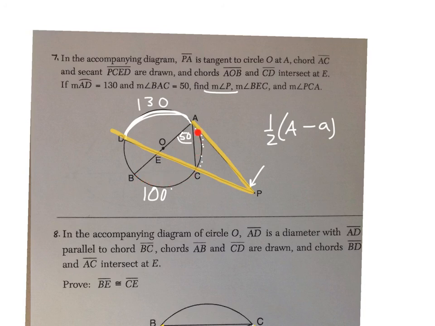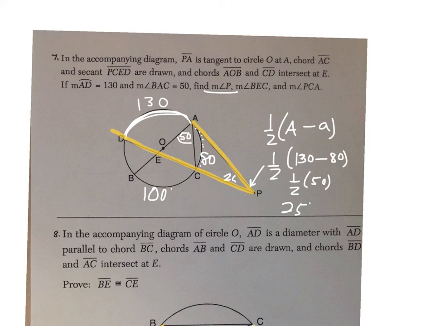This is a semicircle right here from A to B. So from A to C, it must be 80, so that it completes the 180 degrees for the half circle. And that would be one way to find that missing arc measurement of 80. So we get half of 50, so angle P must be worth 25.